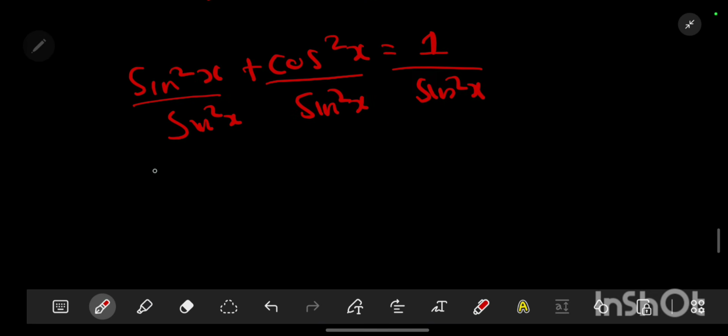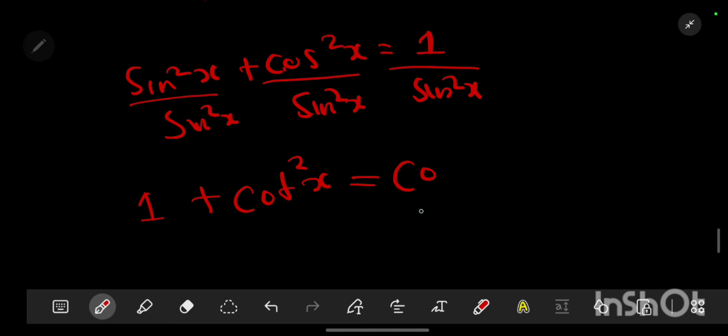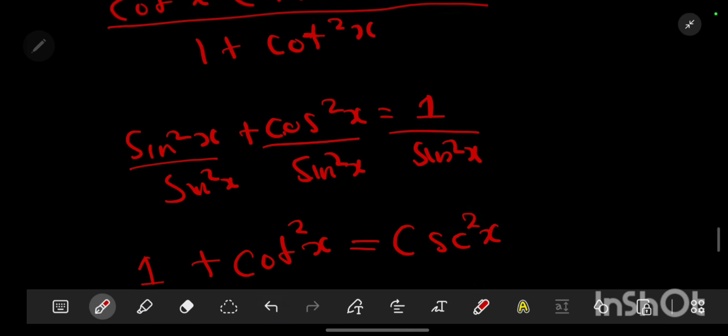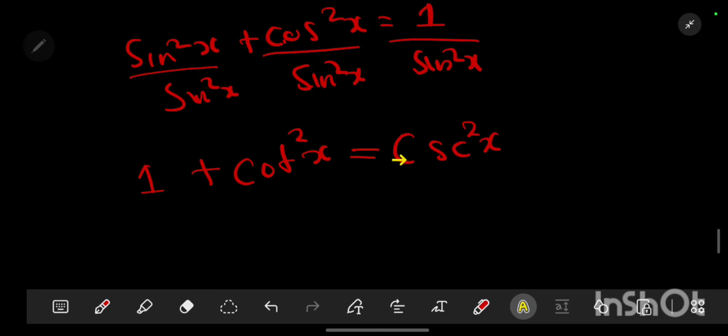As long as cos is on top, we call it cot. So we have 1 plus cot squared x equal to 1 over sine squared, which is cosec squared x. So this is the identity.